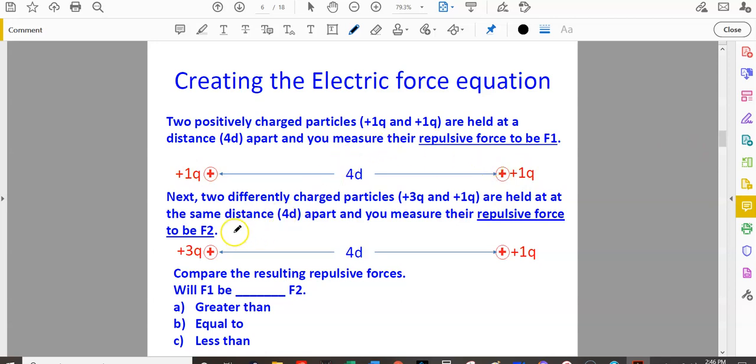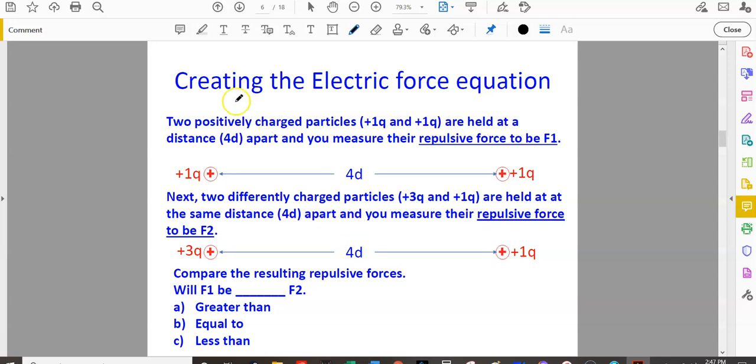And you have F2, which is a positive 3Q compared to a positive 1Q, and they're both the same distance apart. Which force is going to be greater now, F1 or F2? Try it out, and please try to use Coulomb's force to help explain your reasoning. Pause the video now.